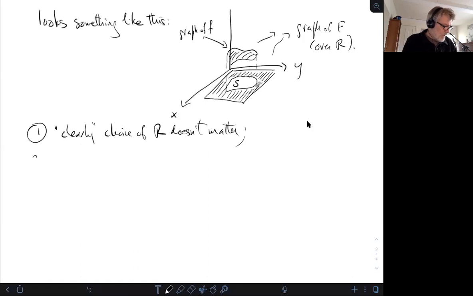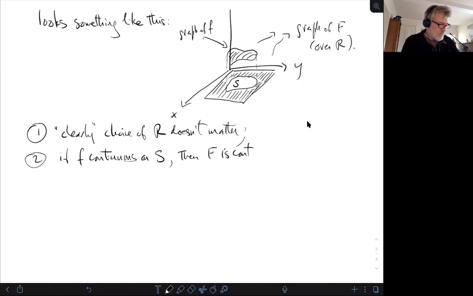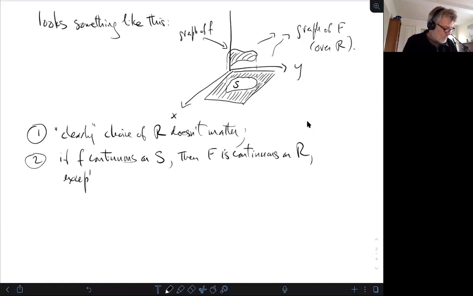Right? And the second thing is just what I said. If little f is continuous on S, then big F will be continuous on R, except on what we'll call the boundary of S. Okay.